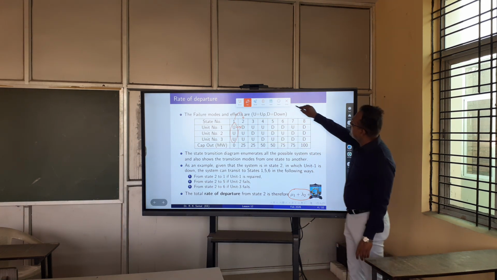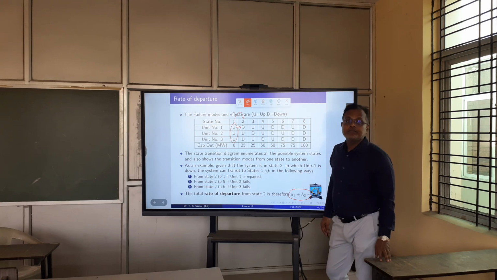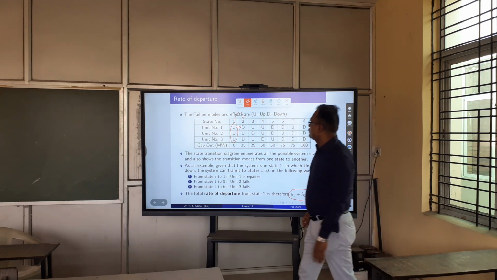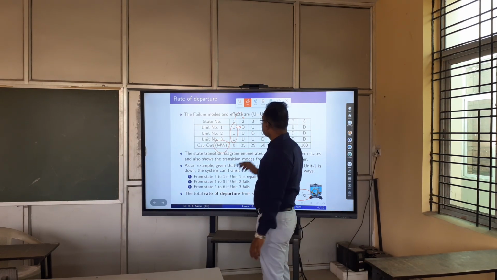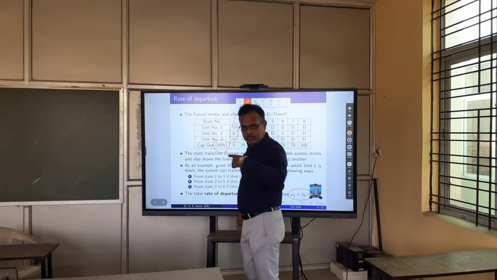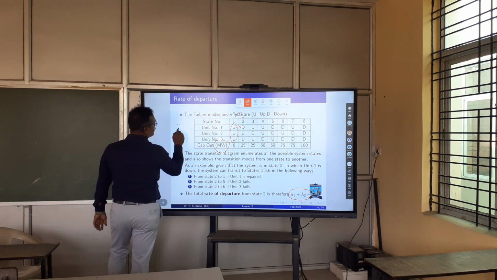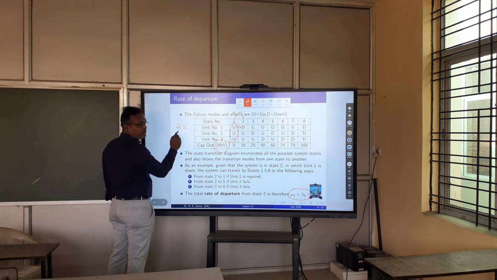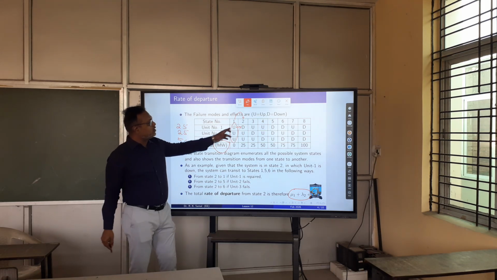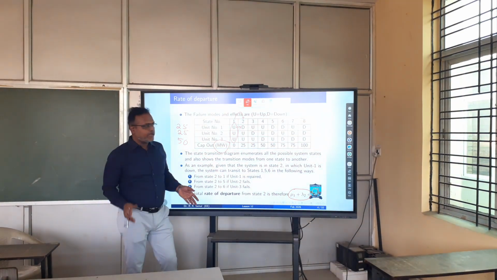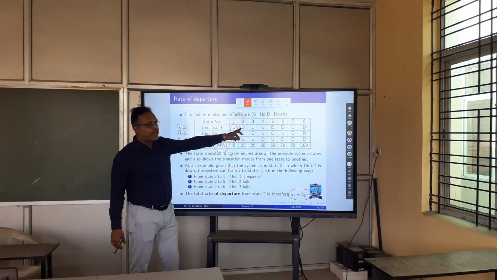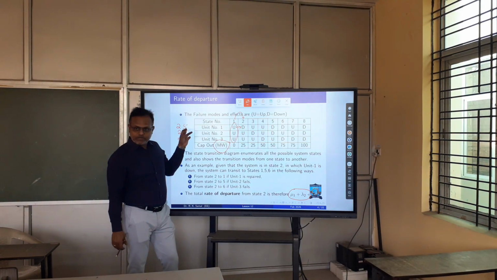Accordingly, we have the 25 and 50 megawatt capacities, so this is capacity out. What is the capacity of unit 1 in the question? 25. Second? 25. Third one? 50. When all the generators are up and running, capacity out is 0. Here only generator 1 is down, so capacity out is 25 megawatt.